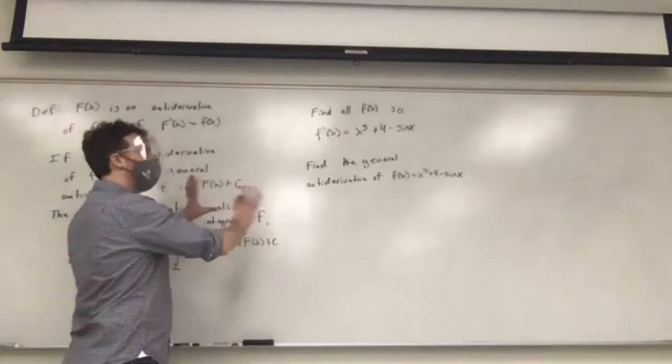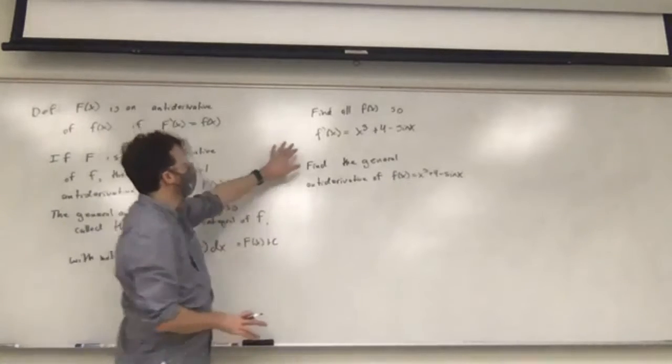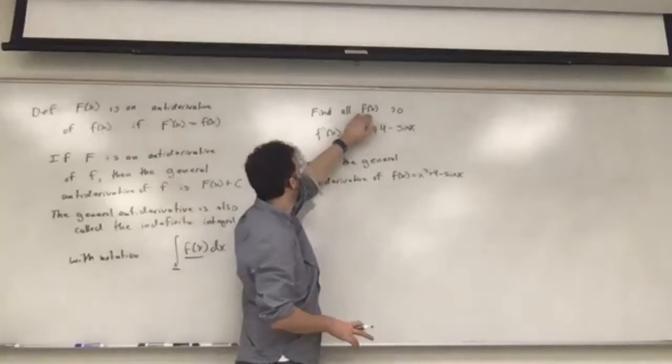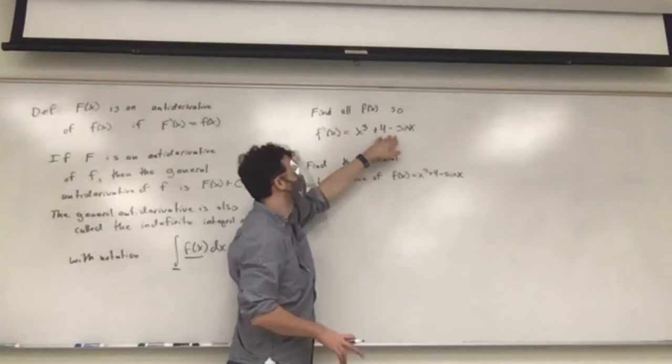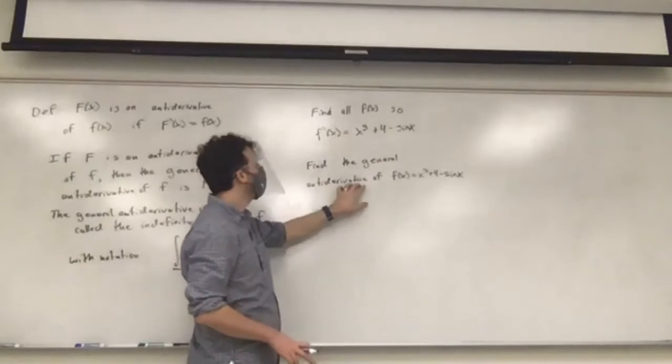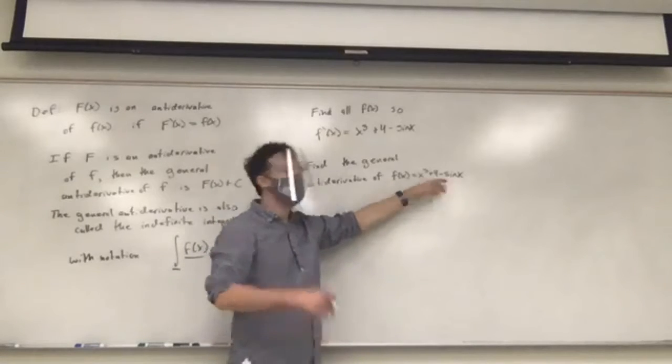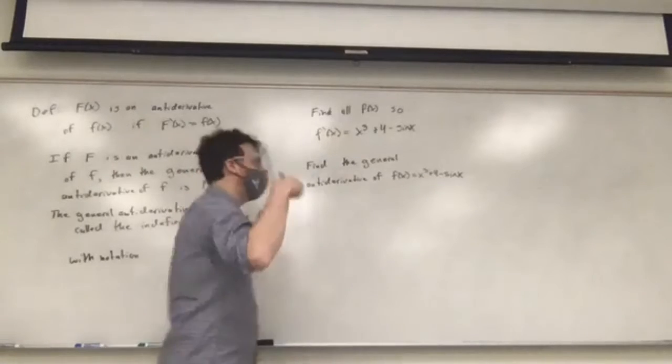The way we're using f is a little bit different here. Here, this is saying you want to find the functions, and this is the derivative of that function. This is saying you're starting here, and then you want to differentiate backwards. You want to anti-differentiate.